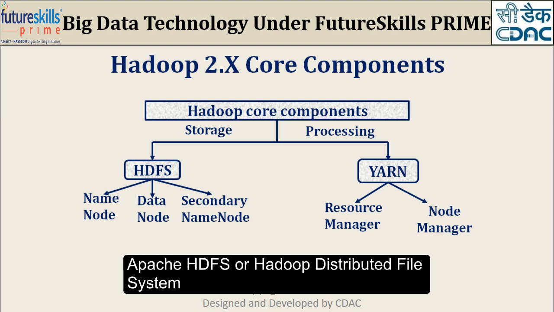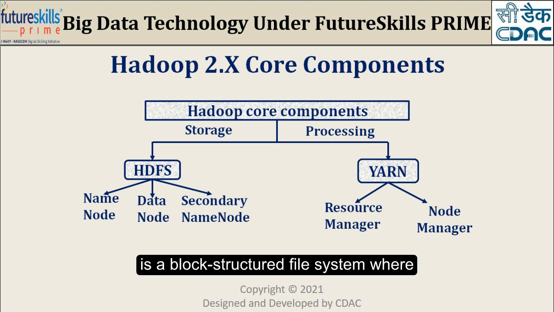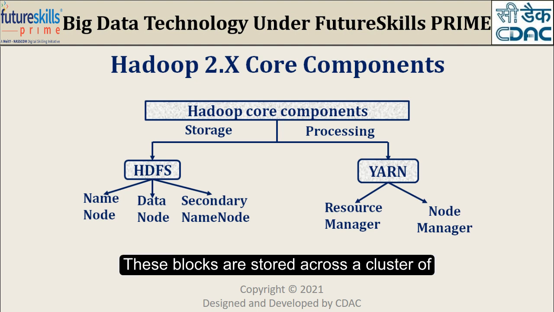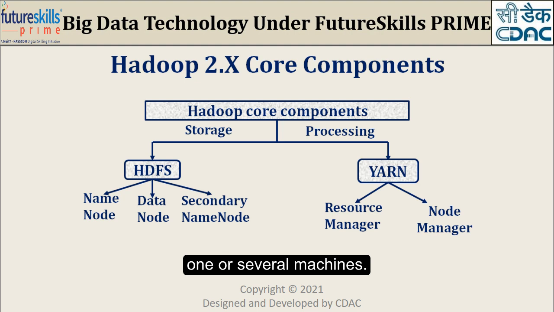Apache HDFS or Hadoop Distributed File System is a block structured file system where each file is divided into blocks of a predetermined size. These blocks are stored across a cluster of one or several machines.